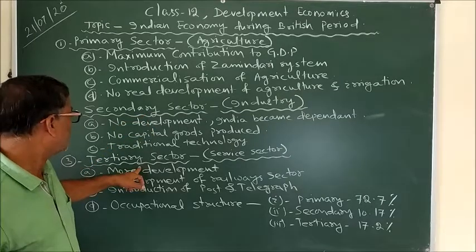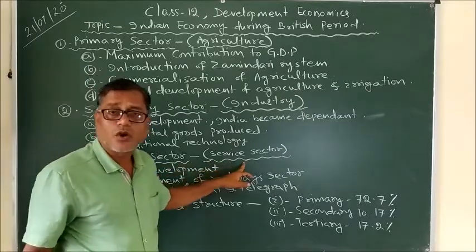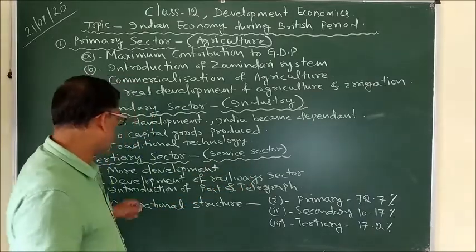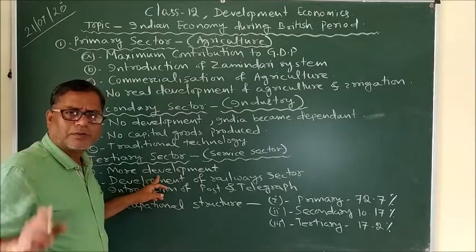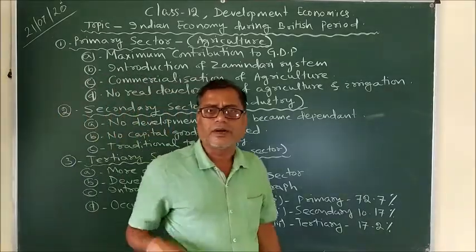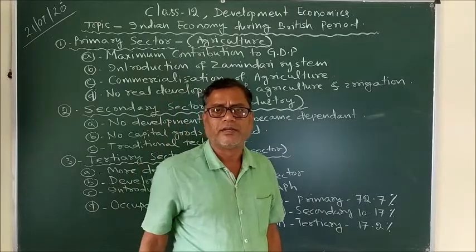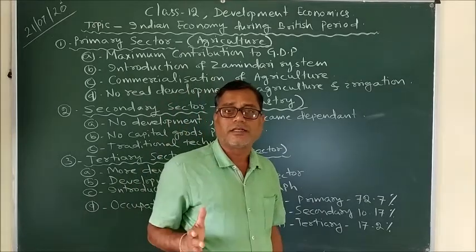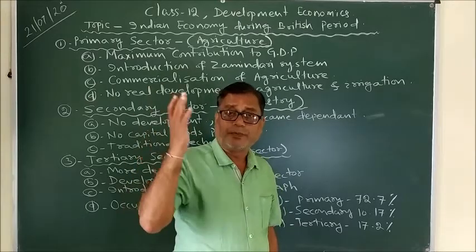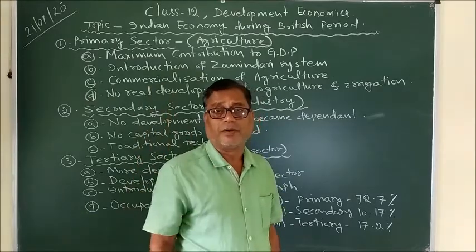Now coming to the tertiary sector, which is also called the service sector, like banking and transportation. So it was moderately developed, and the development was not meant for actually India's development, but it was planned for the benefit of the British people.